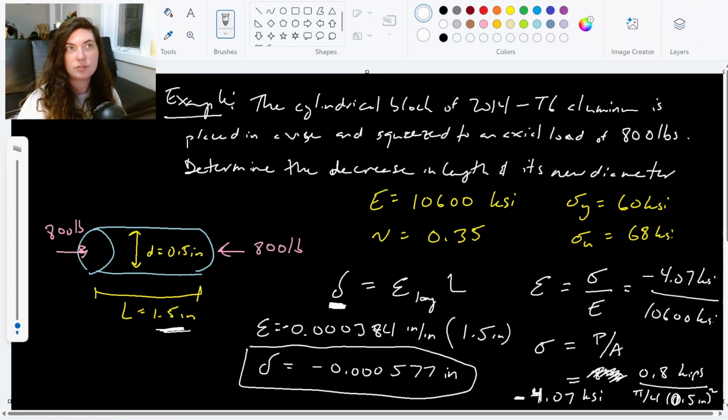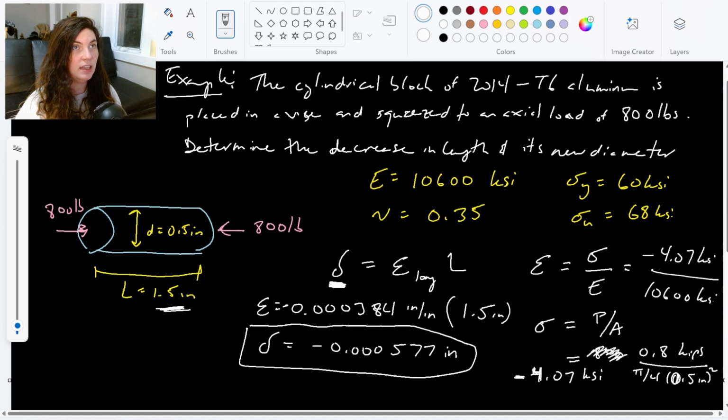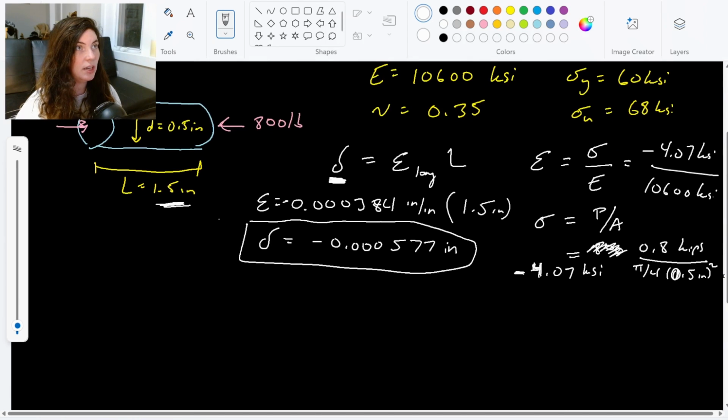The second part asks for the new diameter. We can go through a similar process, but now that we have the longitudinal strain, we can use that with our Poisson ratio to find the lateral strain. Because we know the Poisson ratio is negative strain lat over strain long.